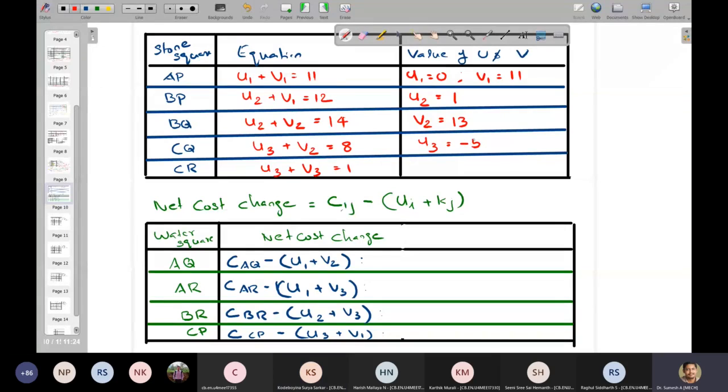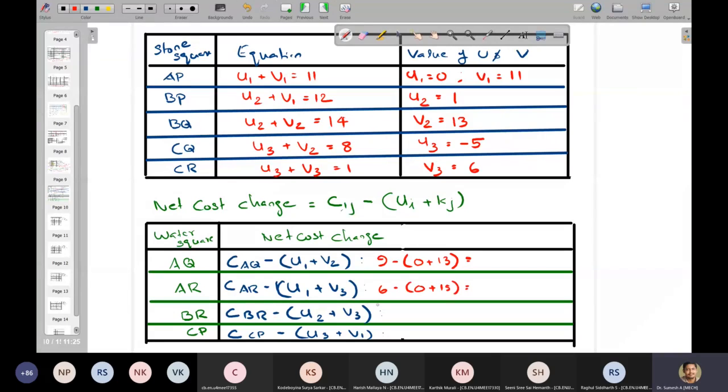Now you have known all U and V. Now calculate the net cost change. So CAQ value is 9, so 9 minus U1 as 0, V2 we have calculated as 13. And CAR value is 6, so 6 minus 0 plus 15.